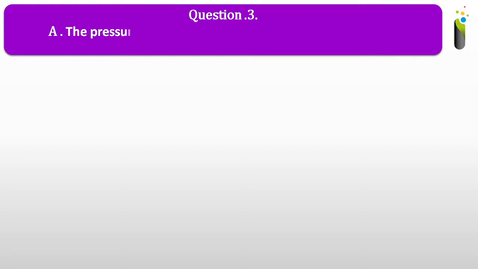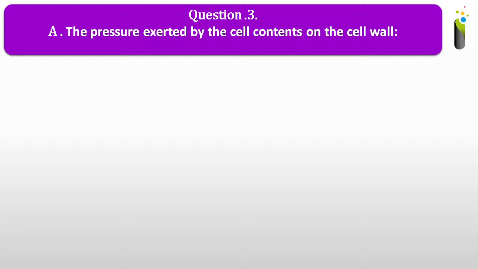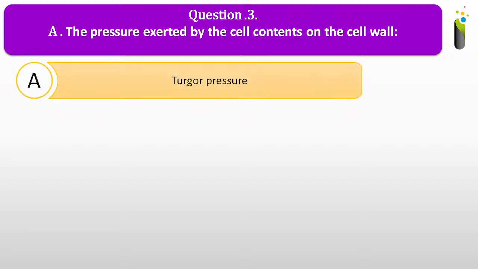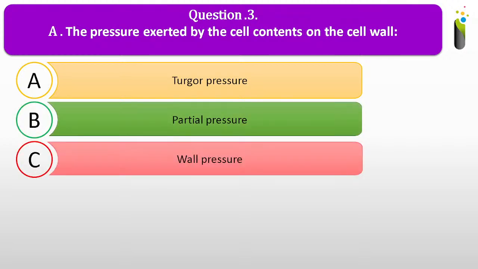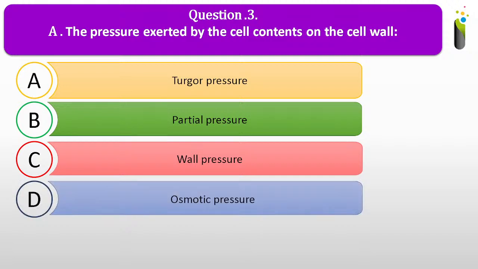Question number 3, sub-question A. The pressure exerted by the cell contents on the cell wall is dash. A. Turgor pressure. B. Partial pressure. C. Wall pressure. D. Osmotic pressure.